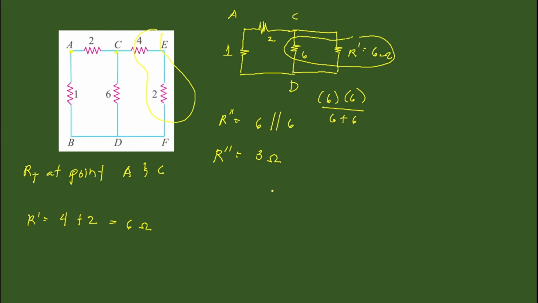Now, redraw the circuit. So, we have R2 prime, which is equal to 3 ohms. And then, here is another resistance value, which is equal to 1 ohm. And here are point A and then point C. This is the 2 ohms.